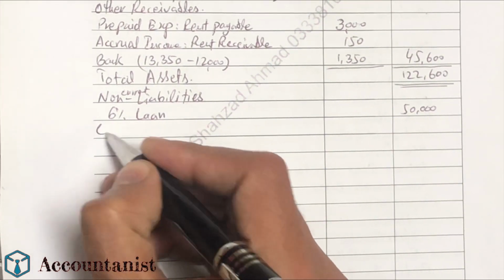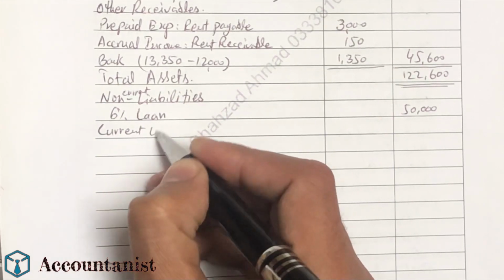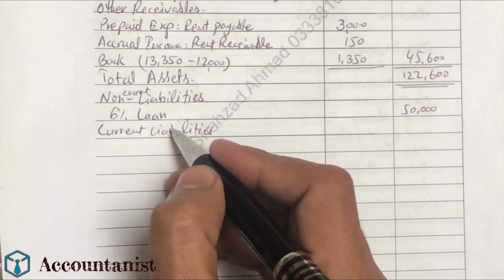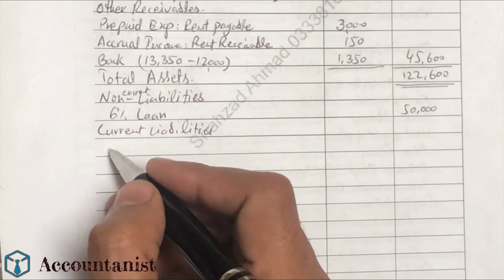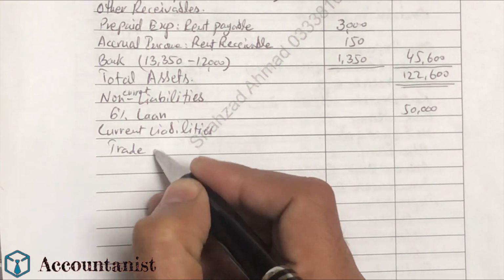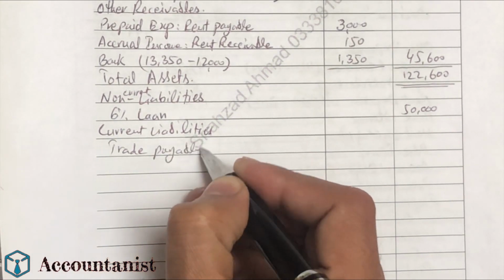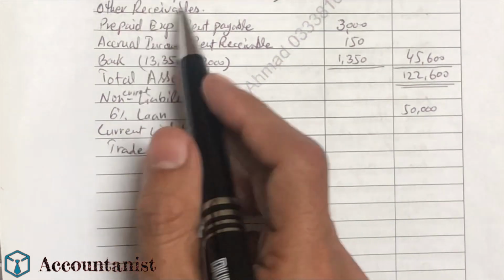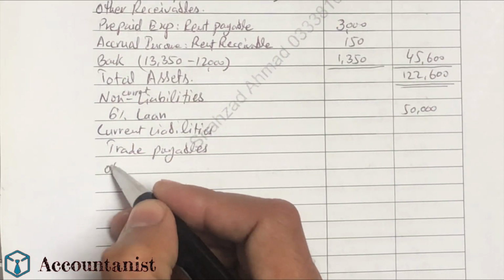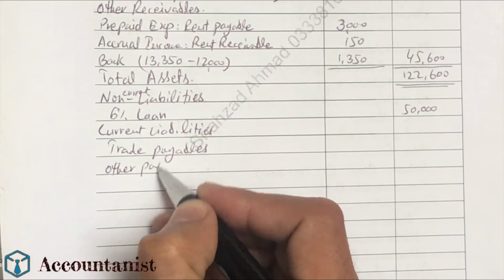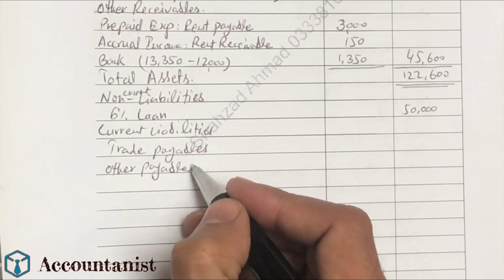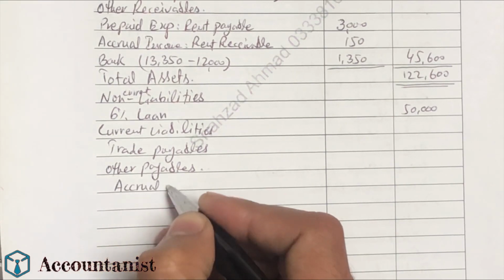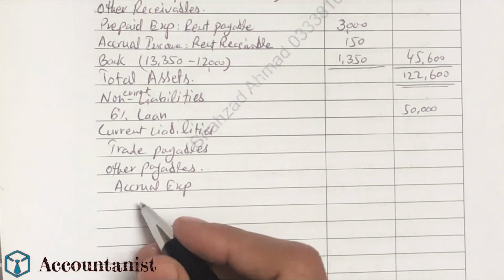Then there will be a current liabilities section. You can always start from the trade payables, and then, as we have used the other receivable section here, there will be an other payables section, which shows us the accrual expenses and prepaid income.